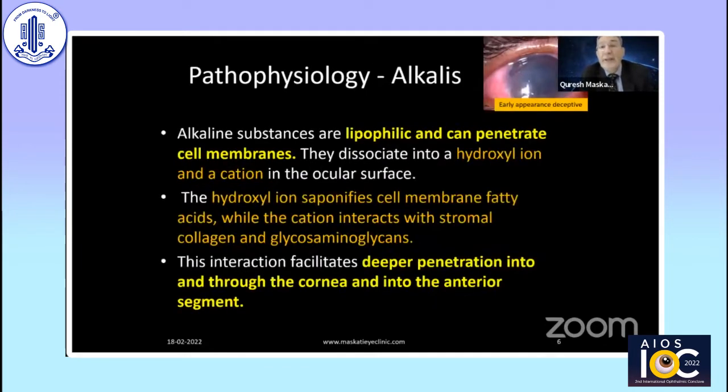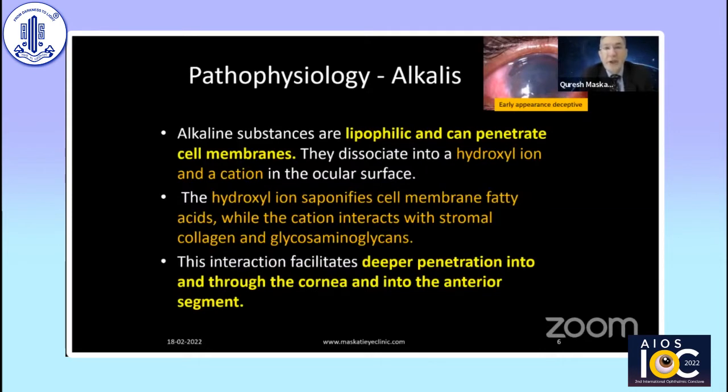An alkali's early appearance only deceives us, because we think that the patient is not so serious. You see, the early appearance looks much better than in an acid. Why? Because alkaline substances are lipophilic. We know that the cornea is penetrated by lipophilic drugs. We try and make drugs in pharma which are lipophilic. So alkaline substances, being lipophilic, can easily penetrate the cell membranes.